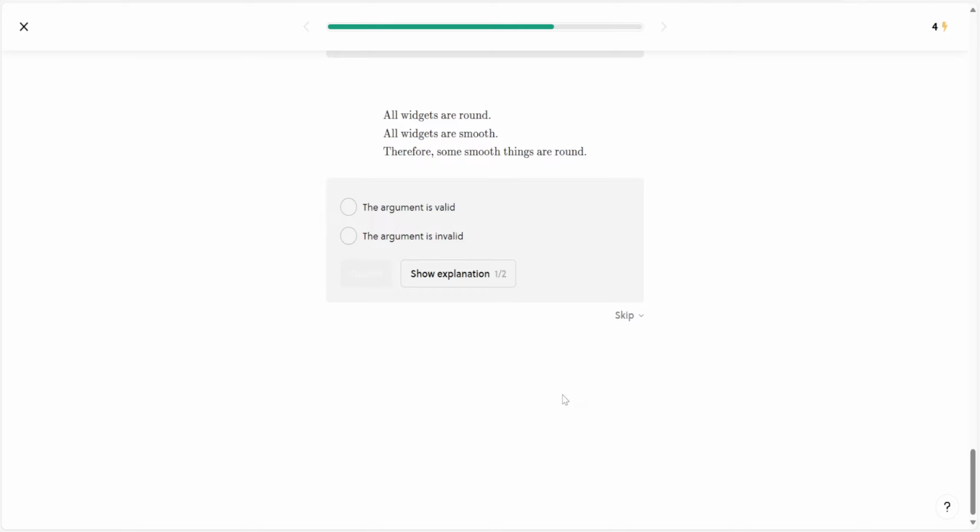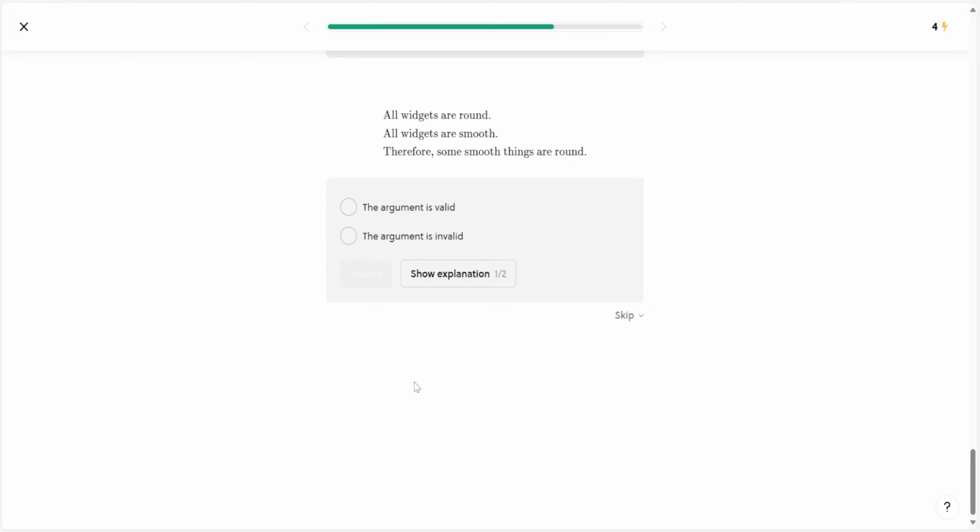All widgets are round. Right, let's use the diagram again. I've got widgets, round, and smooth. All widgets are round.